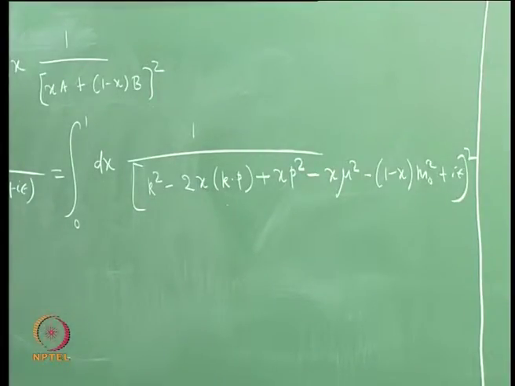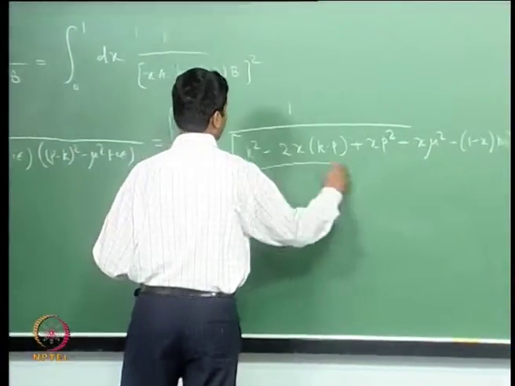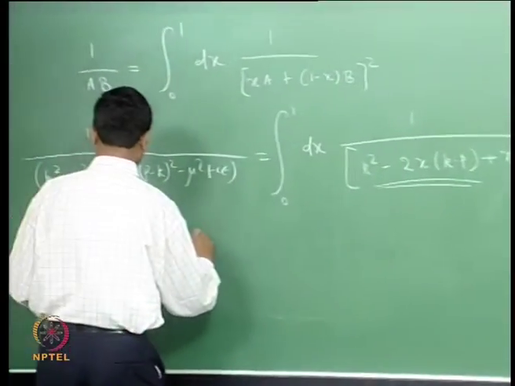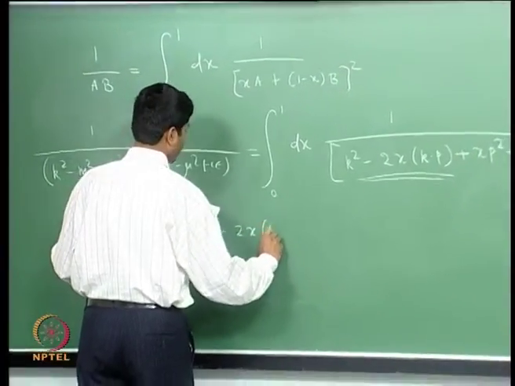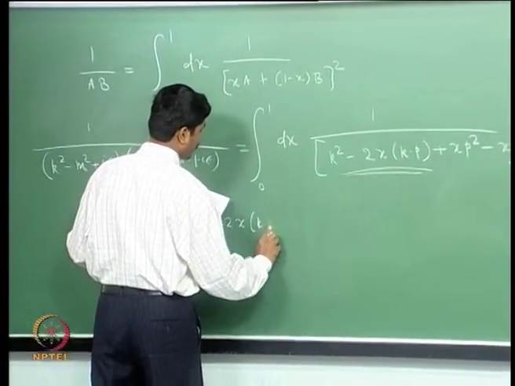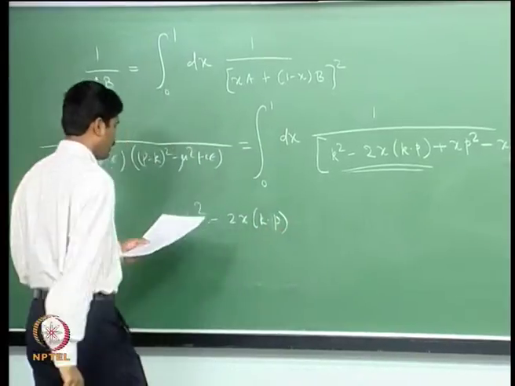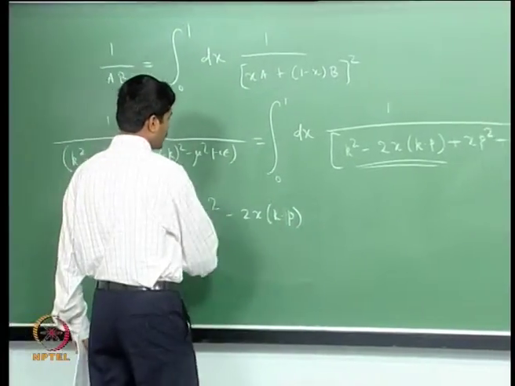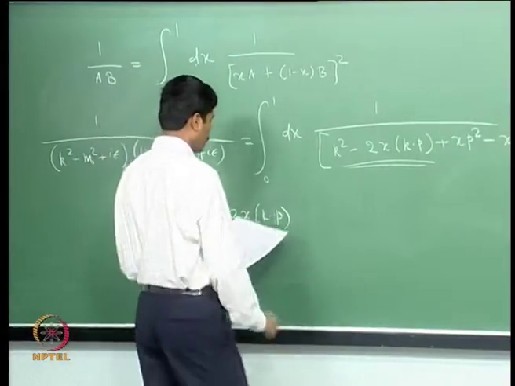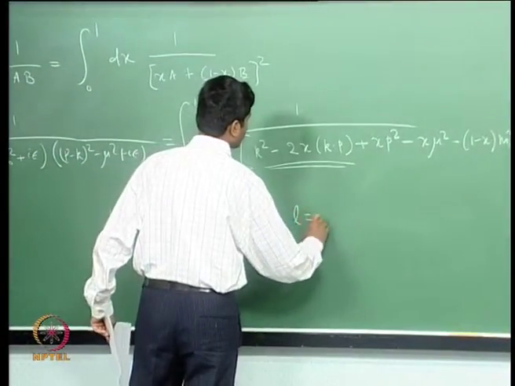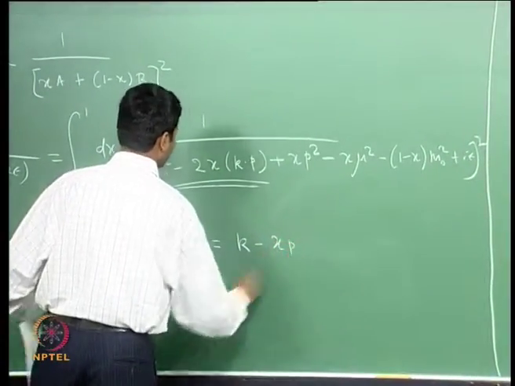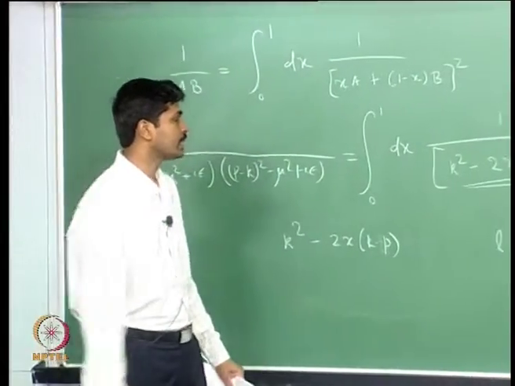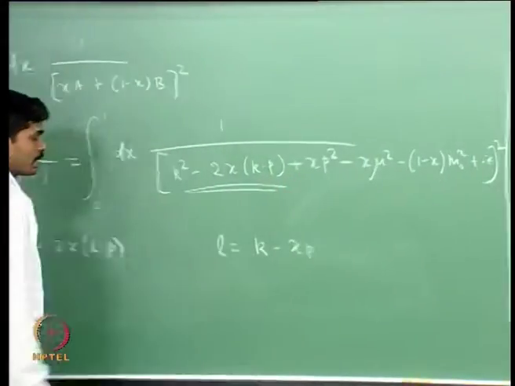Considering the term k square minus 2 x k dot p, to absorb this linear piece I introduce the variable L, which is k minus x p. Then I can write the denominator in terms of L square and so on.